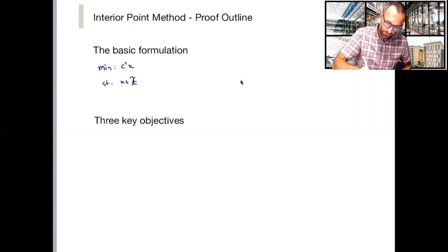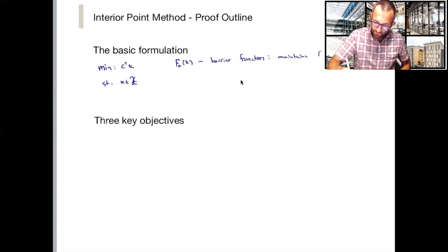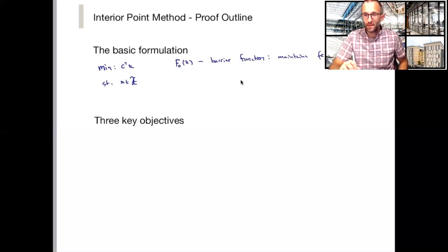F0 is what we've been calling our barrier function, and its goal is always to maintain feasibility. We should always have in mind, as an example, the negative log is what maintains non-negativity.